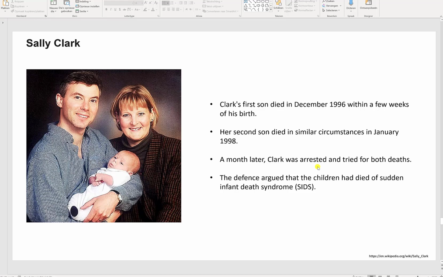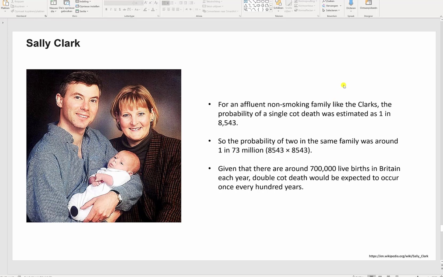Right. And so the defense argued that the children had died of sudden infant death syndrome, but the trial decided differently about that. What they said is that for a non-smoking family like the Clarks, the probability of a single cot death was estimated as 1 in 8,543.